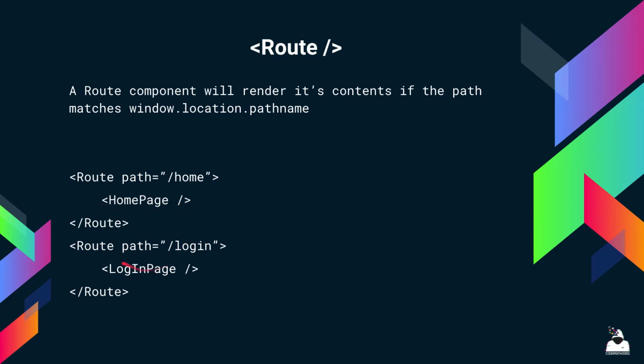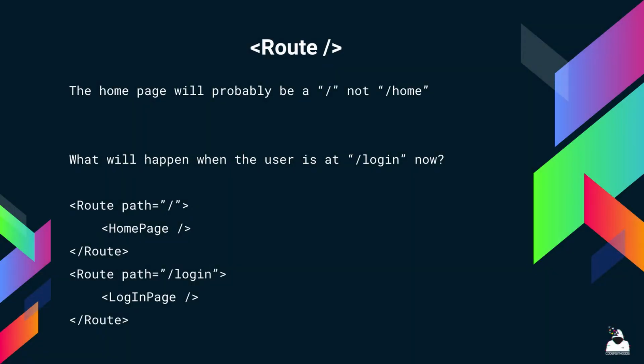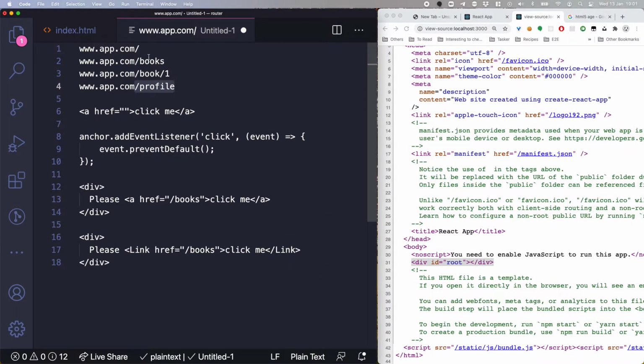So these home page and login page are the high level pages. This is the big component that wraps the whole page, and inside of it you would have all your logic and all your UI and everything for that particular page. The home page will probably be a /, not /home.